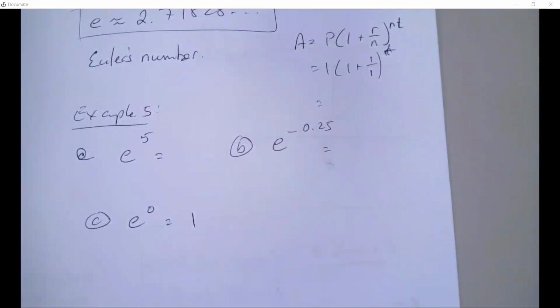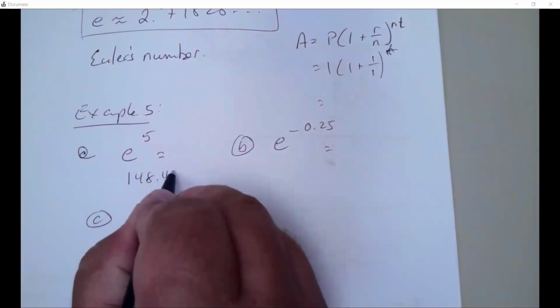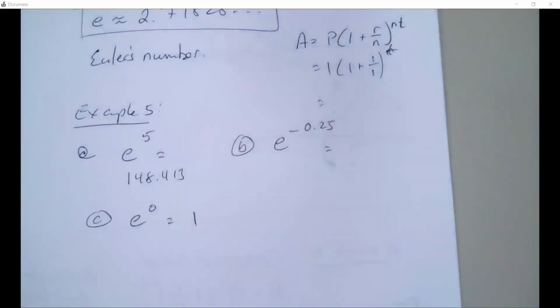Right here, e is 2.718. Take that number and look for the equation x to the power y, and I want y to be 5. So that number is 148.413, and so on and so forth.